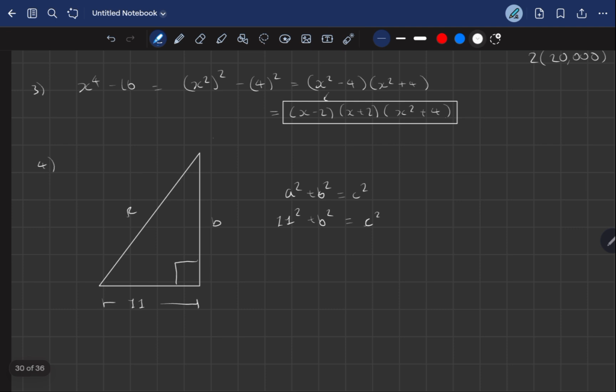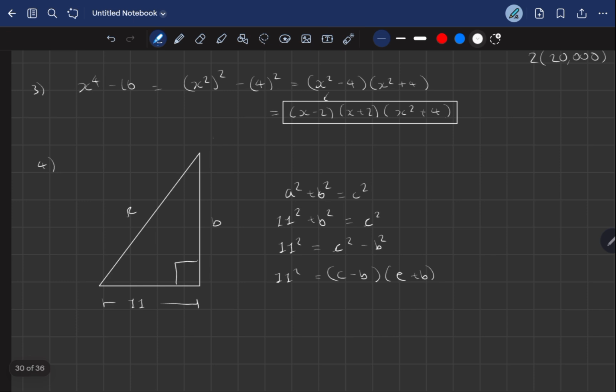Now you must be wondering, where's the difference of two squares here? I'm coming on to that. 11 squared is the same as c squared minus b squared. Now we have a difference of two squares, so I can rewrite this as 11 squared is the same as c minus b times c plus b.